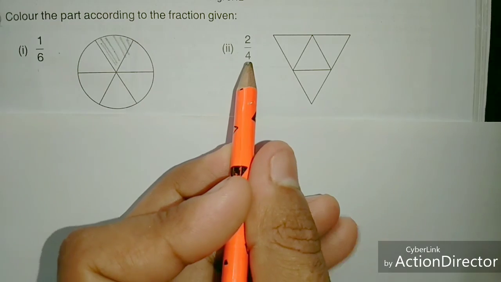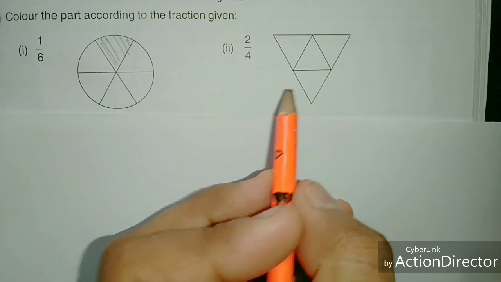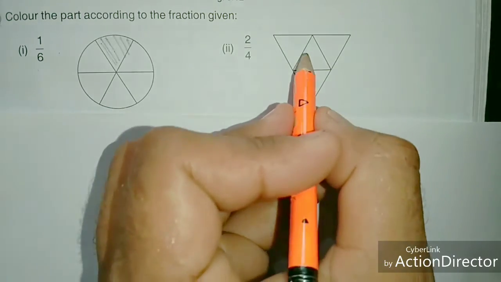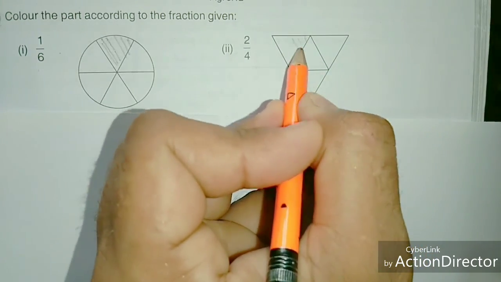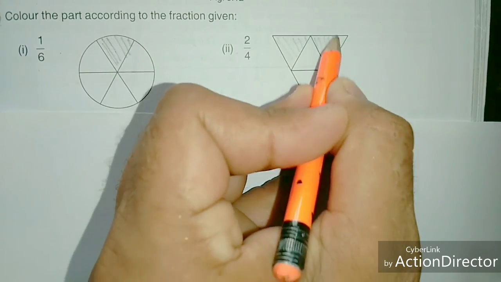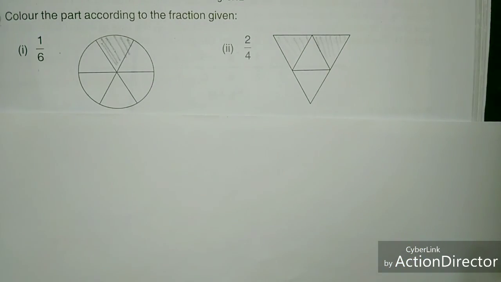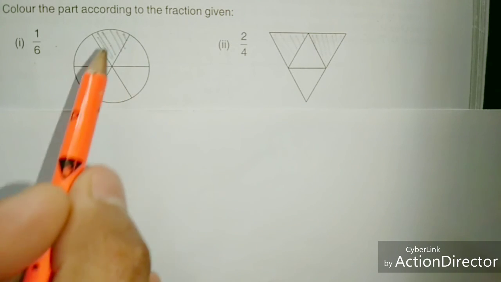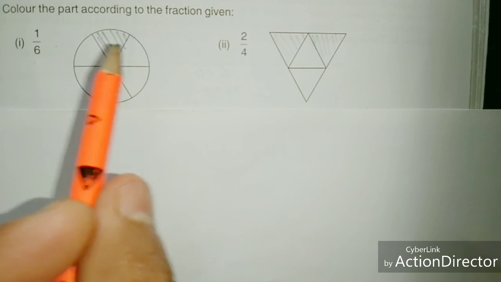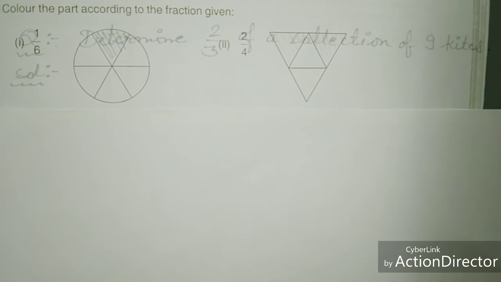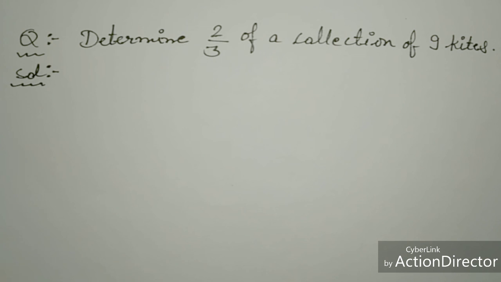Total number of equal parts 4 and shaded part 2. 1, 2, 3, 4 and shaded part 2. So this figure shows 1 upon 6 in fraction form, and this figure shows 2 upon 4 in fraction form.